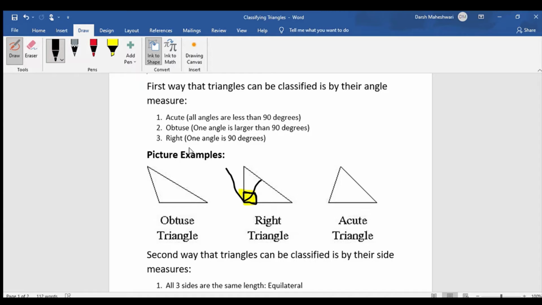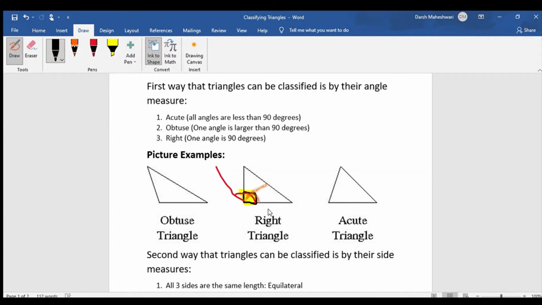I'll draw different colors so it makes it easier for you to see. More than 90 would be like this red one, so instead it would be this big. And less than 90 would be something like this. It would be this big.